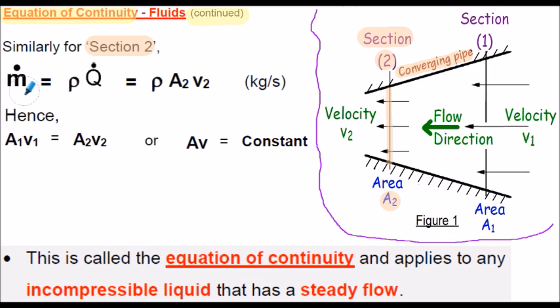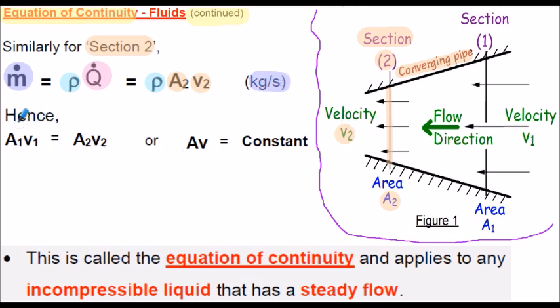Now for continuity, we assume mass flow rate m dot is the same at section 1 as it is at section 2. We know that mass flow rate is mass density multiplied by the volumetric flow rate Q dot, or we can write that as mass density multiplied by the cross-sectional area of section 2 multiplied by the velocity of the fluid through section 2, labelled V2.